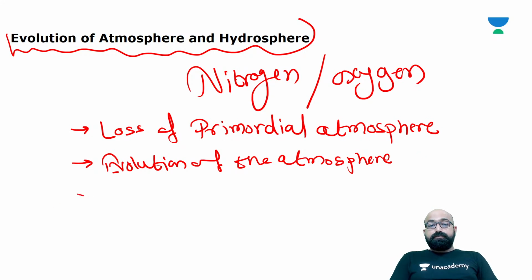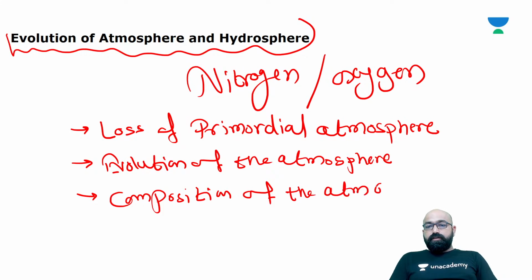And finally, the composition of the atmosphere was modified by the living world through the process of photosynthesis.